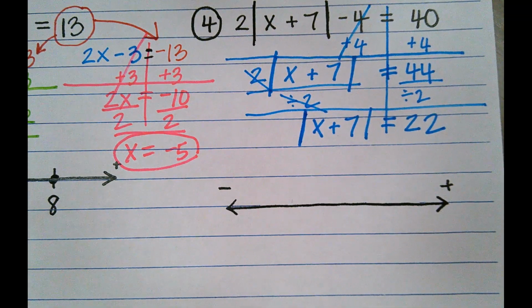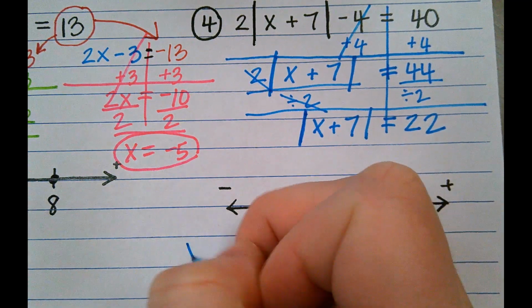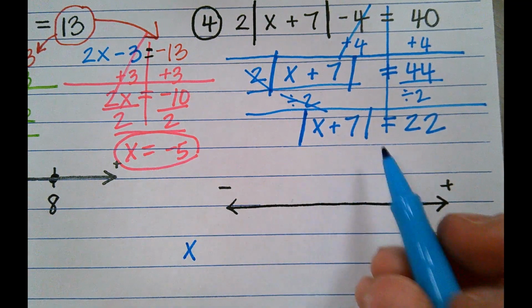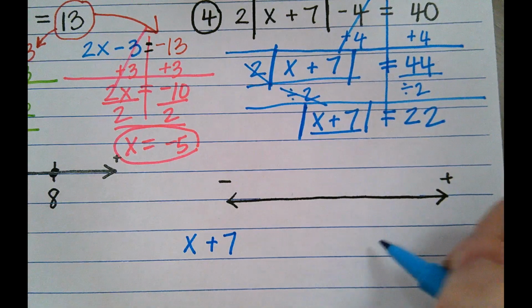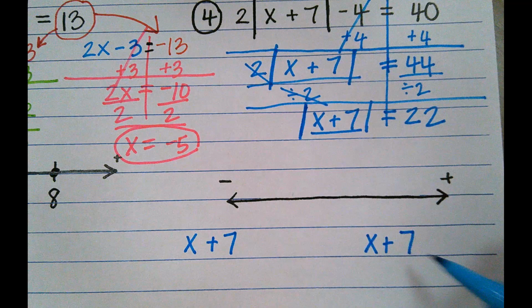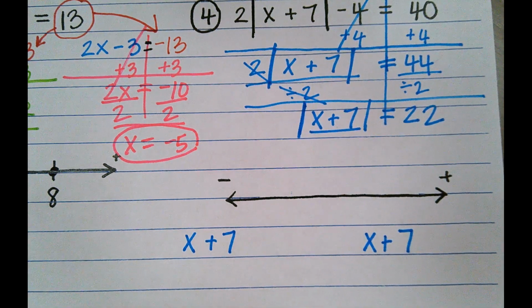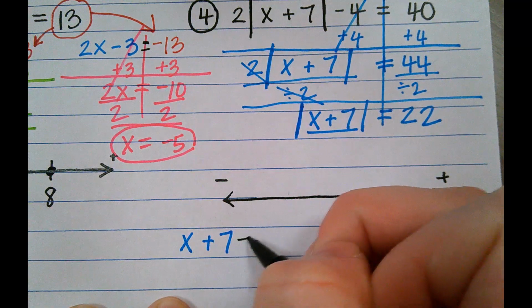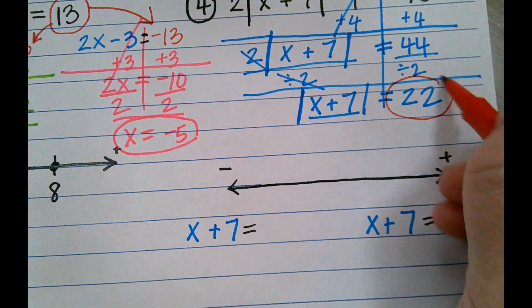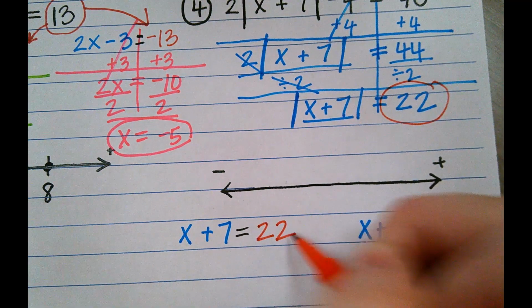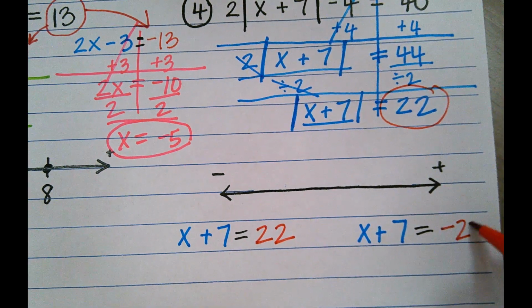It would be x plus 7 equals 22, and then x plus 7 equals negative 22. Okay, so now we're going to split. We're going to keep x plus 7 the same on both equations, and we will be changing the 22. First one will be positive 22, and then negative 22.